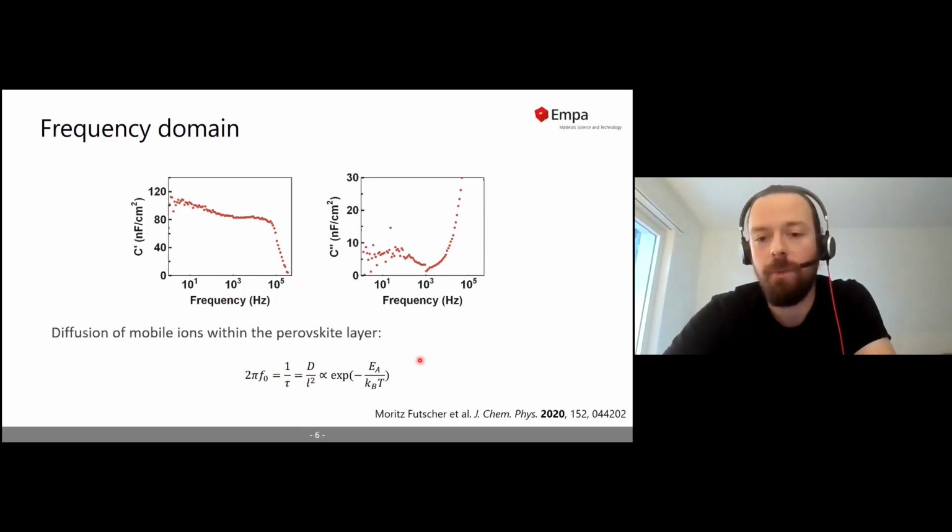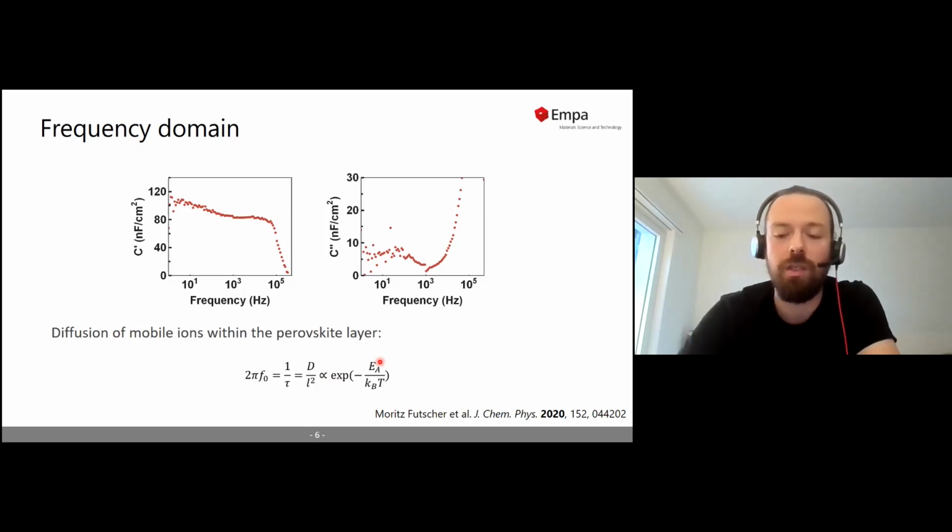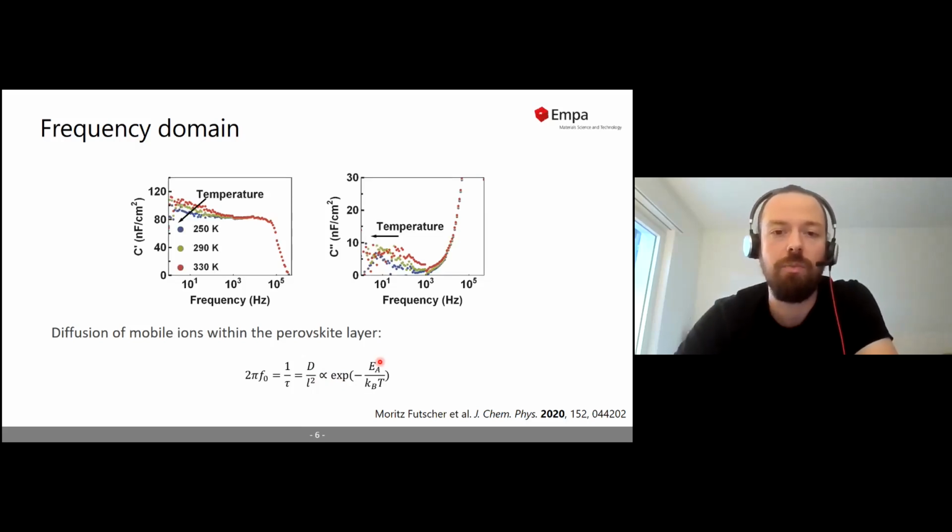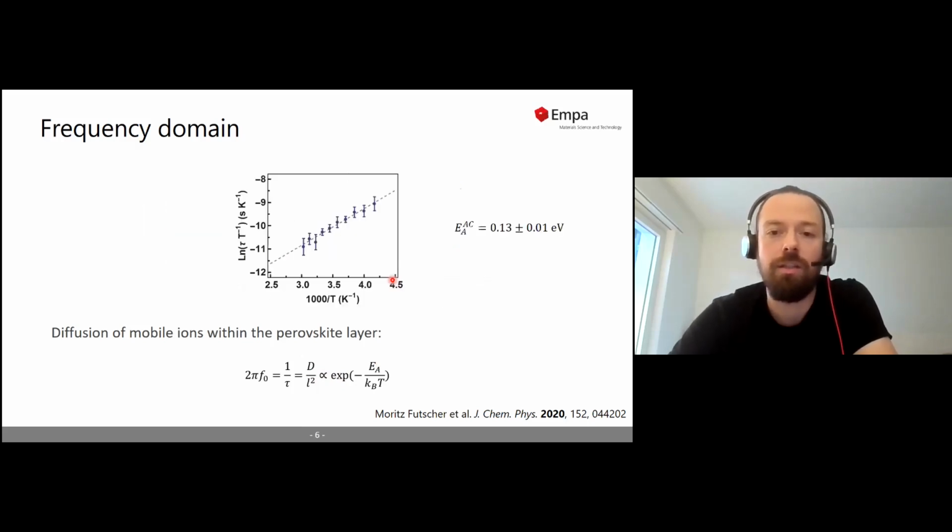And without going into too much detail about what this length and this diffusion depend on, this is dependent on activation energy. So what we can now do is measure this process at different temperatures, as shown here, fit the data, and calculate an activation energy, which is shown here. In this case, this would be an activation energy of about 130 milli-electron volts.